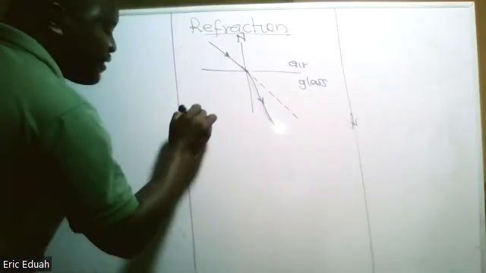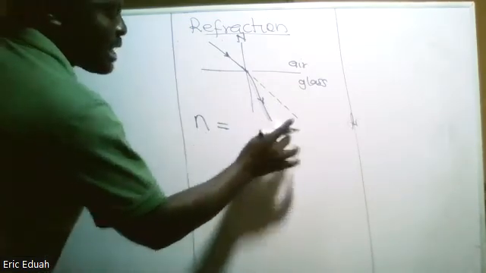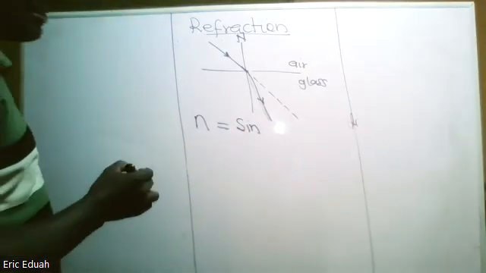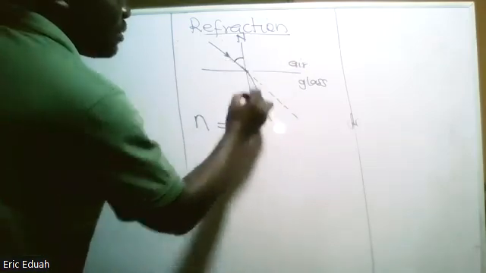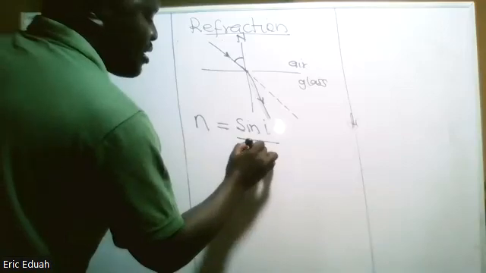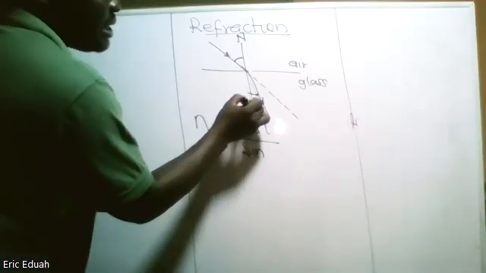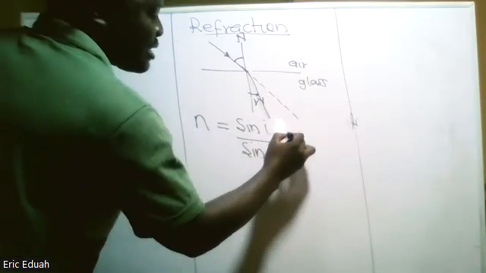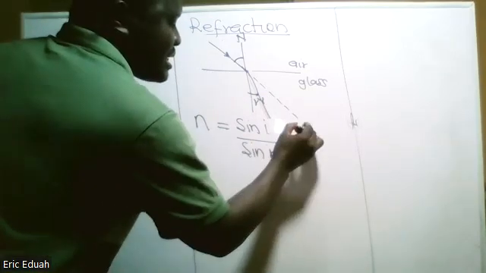So refractive index N or mu can be expressed as the sine of the direction the ray has in the less dense medium, sine I, over the sine of the angle of refraction, its direction in the denser medium, which is R. And this is what we call Snell's law.